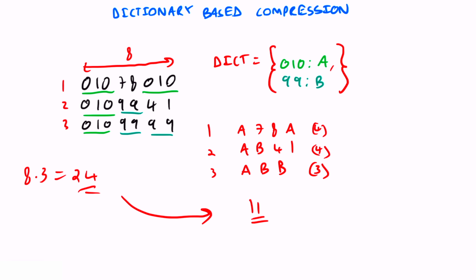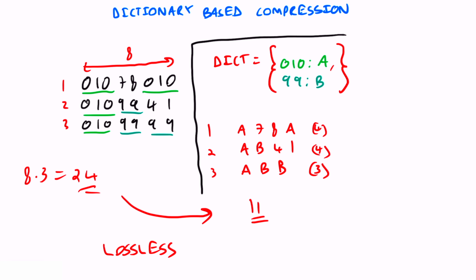And this is another lossless algorithm, which means if I were to send you the dictionary and the compressed data, you would be able to reconstruct the original image.